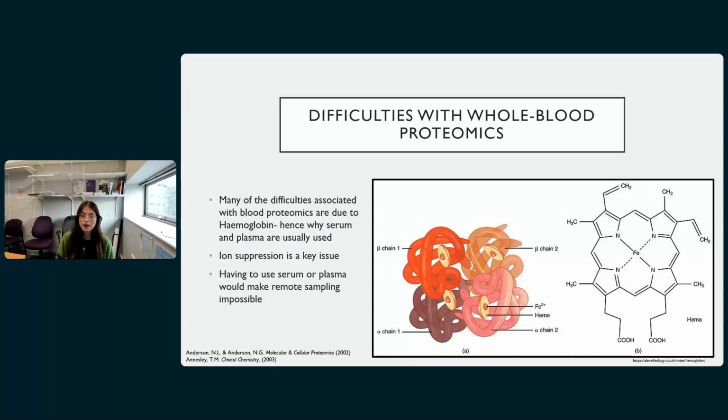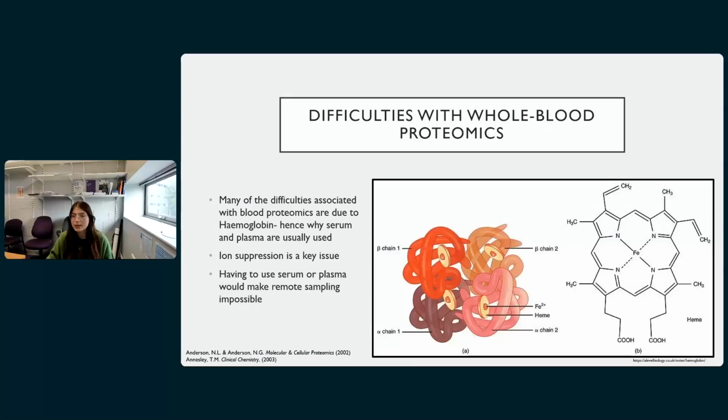So when you have a compound, or a protein to be specific, that is far more abundant than the others within the sample, it kind of wins out on this competition. It makes it way less likely that you're going to detect lower abundance proteins, which are often what you would expect biomarkers to be.